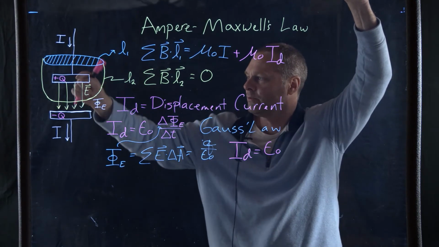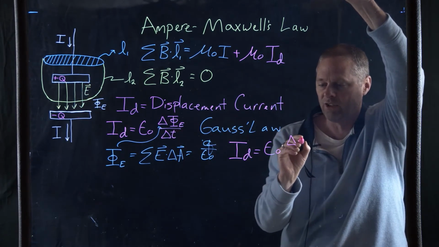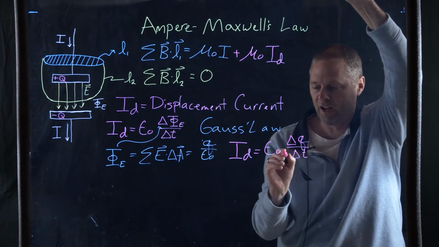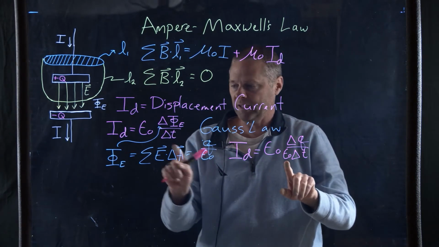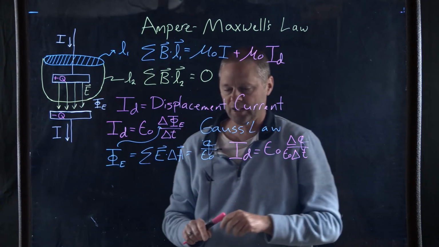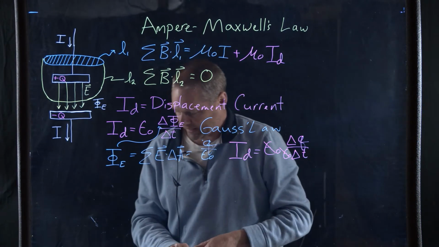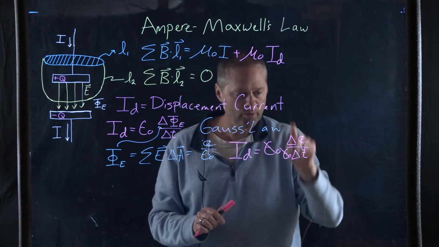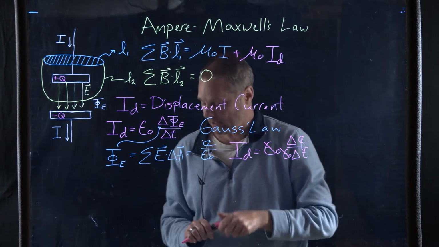As the current is flowing through, there will be a change in the charge over the change in time, and we still have this epsilon naught here. The flux is going to change because the charge is going to change over time. The epsilon naughts cancel, and a change in charge over a change in time is really a current.